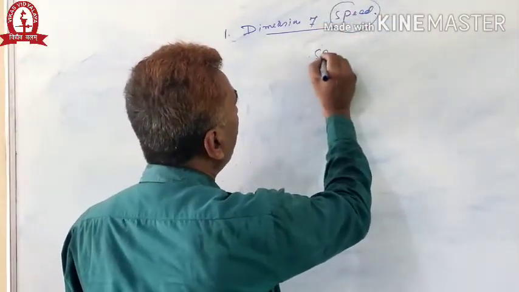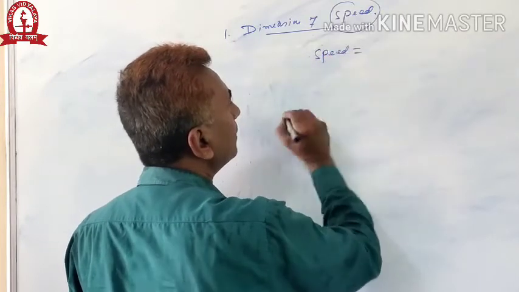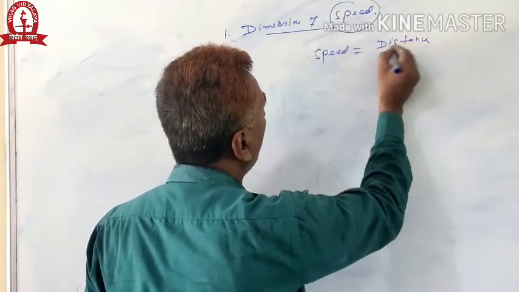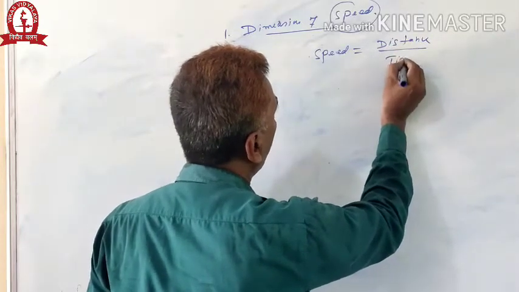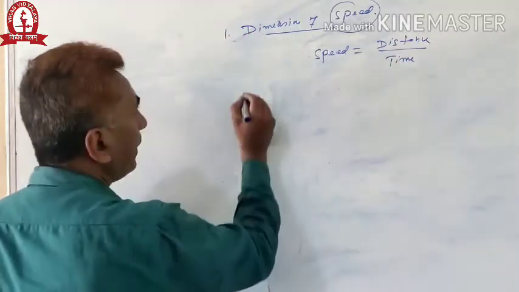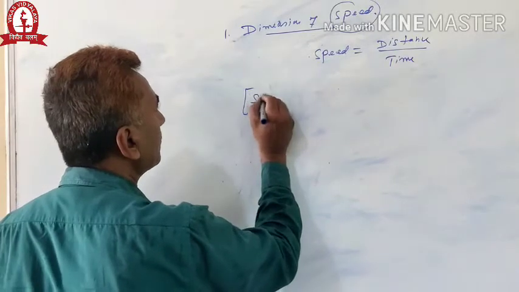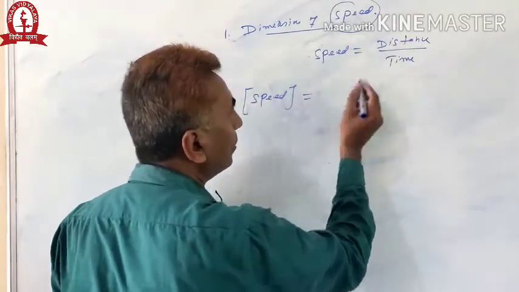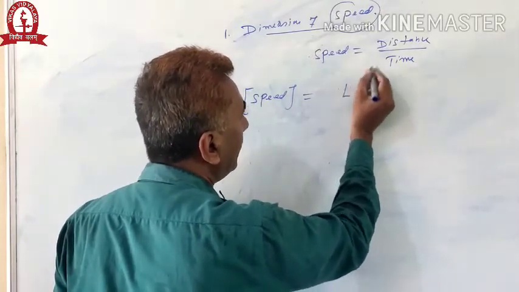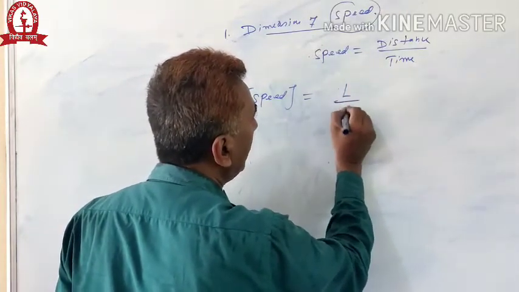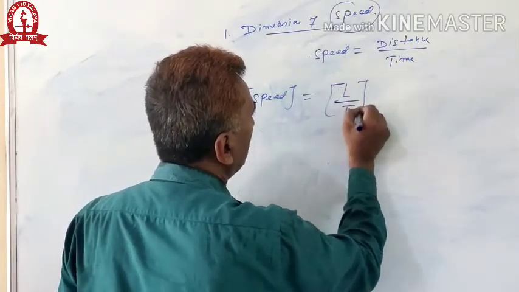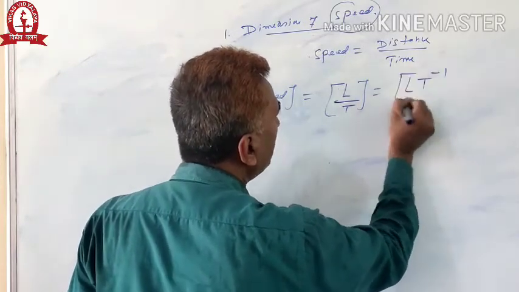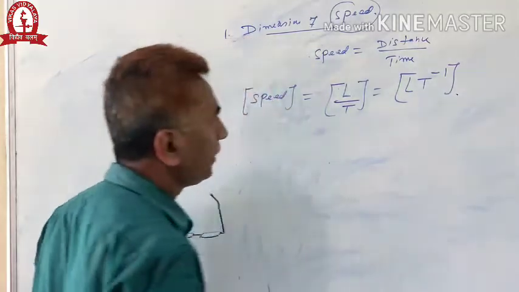You know that the formula of speed is distance upon time. So the dimension of speed is equal to distance, you know, length, so L, upon T, and this will be equal to L T minus 1. This is the dimension of speed.